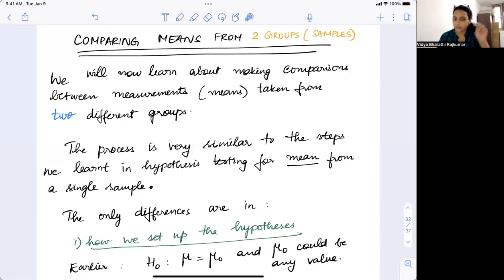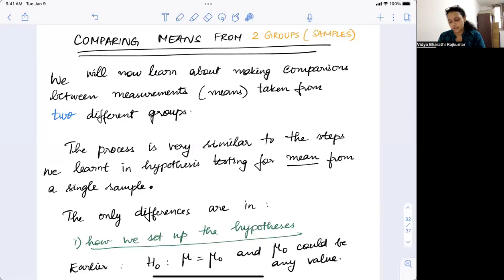Think of scores from boys versus scores from girls, or scores from young children versus scores from older children. Now we're checking if there is any difference between those two groups in the population, and we could use similar principles of hypothesis testing to look for evidence in our sample to suggest whether the population statement is true or not.